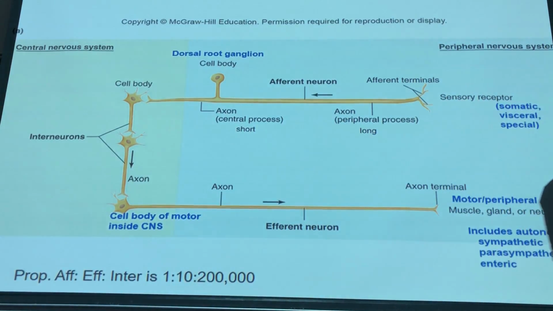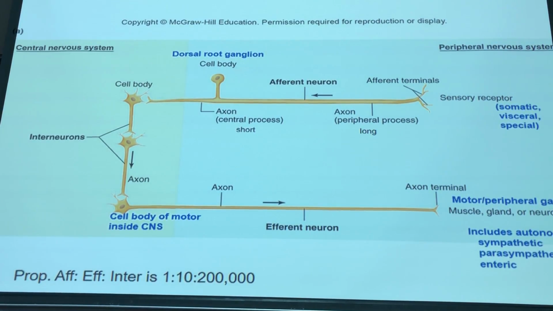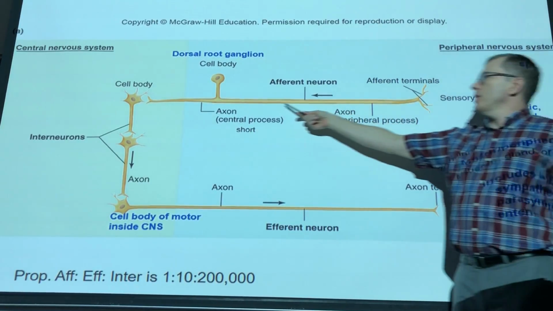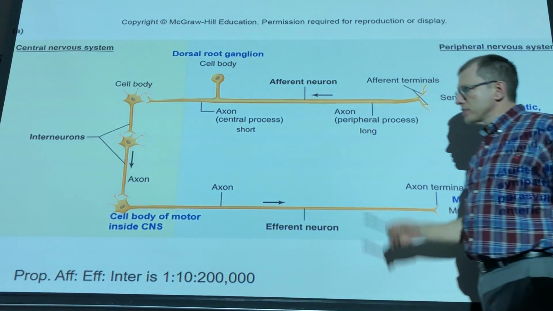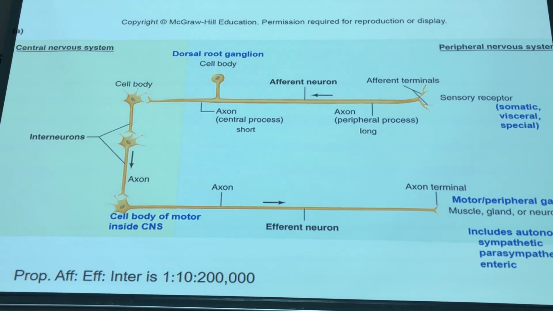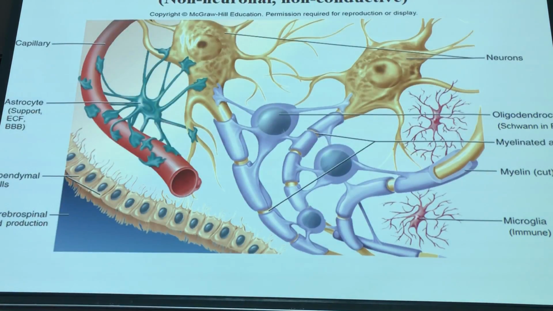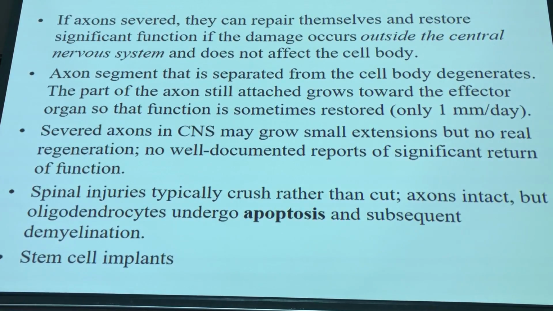So the pathways that connect and cross-connect and talk to other pathways in the brain especially is huge. I mean, for every one of these, you have the equivalent of 200,000 of these that are in the brain, okay? Mostly brain, some spinal cord. And this is 1 to 10. This slide on glial cells we're going to skip. Also, this slide on injury, you might find it interesting to read, but we're going to skip.